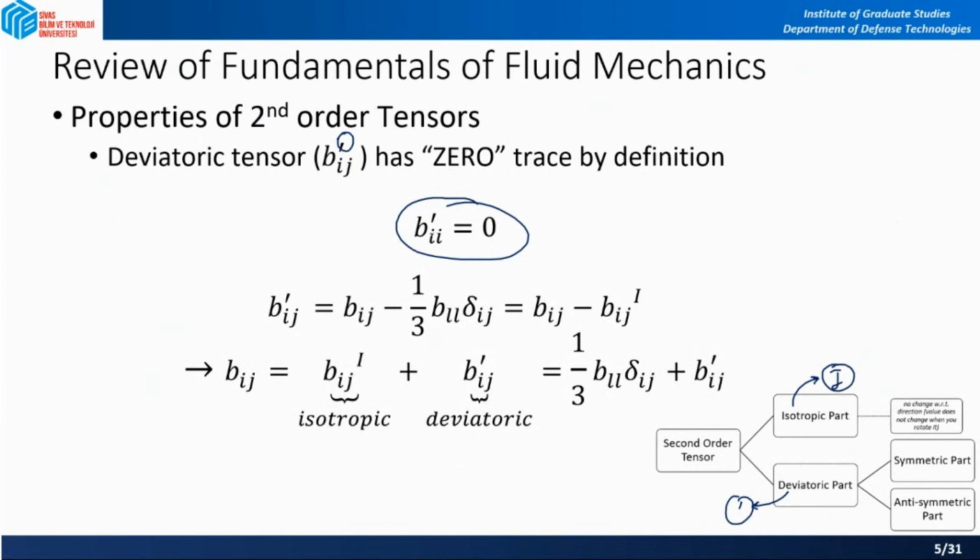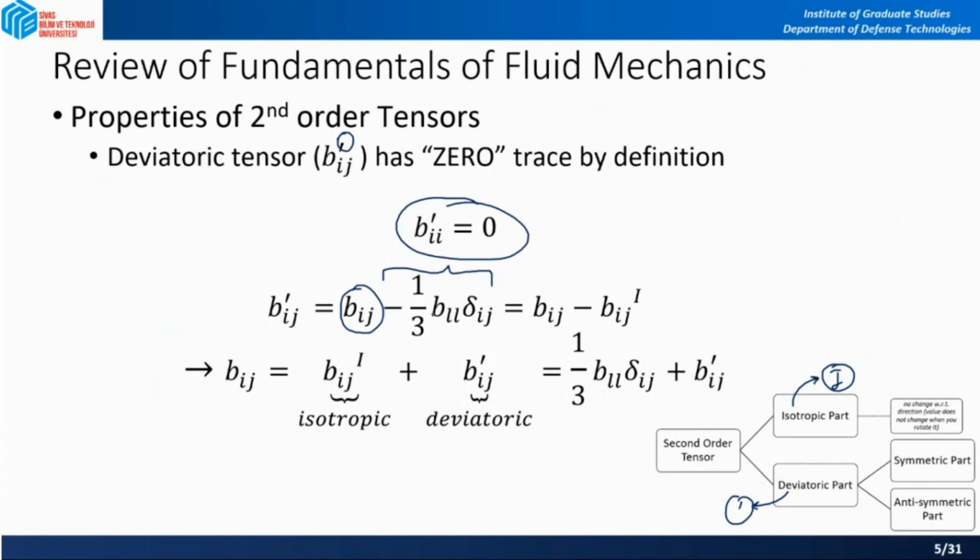So how to calculate it? It's nothing but, your Bij, your second order tensor, is made up of Bij prime and this part, which is the isotropic part of the Bij, the 1/3 of the trace. So that's why the trace is important to you. You have the trace in this definition.